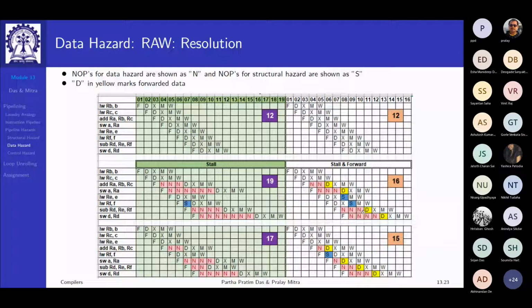And finally, similar forwarding from the execute of the sub instruction can be forwarded to the decode of the store instruction for RD. With just forwarding, the same sequence of instructions will execute in 16 cycles instead of 19. So we have been able to reduce 3 cycles here.